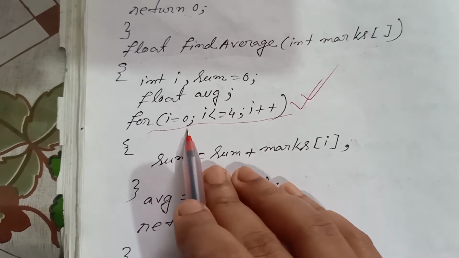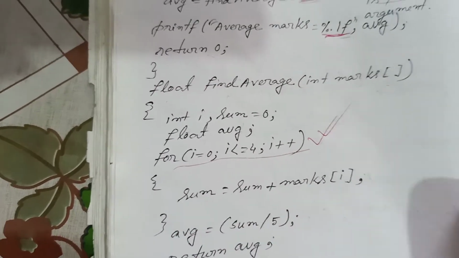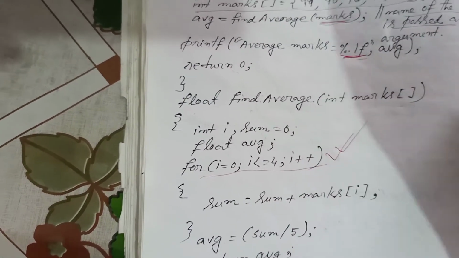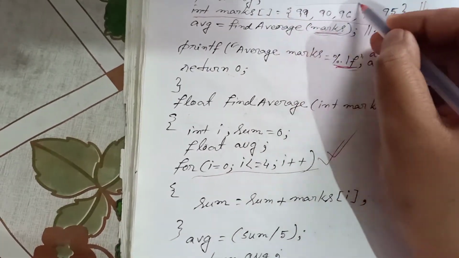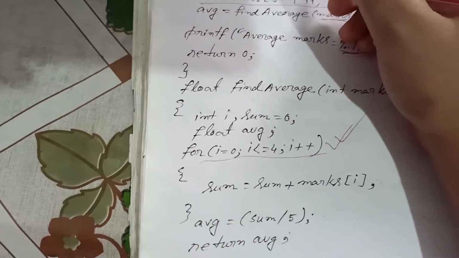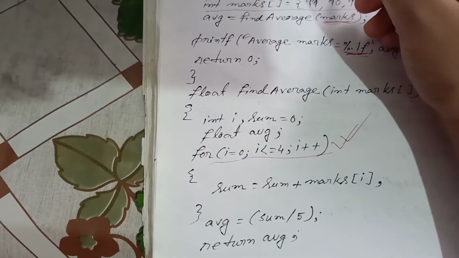For i equal to 0, i less than or equal to 4, i plus plus. Why less than or equal to 4? We are taking 5 elements, and as per the norms the index always starts with 0.